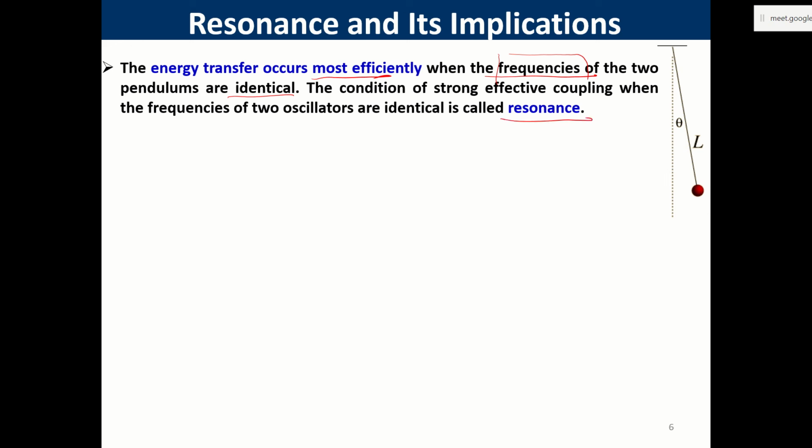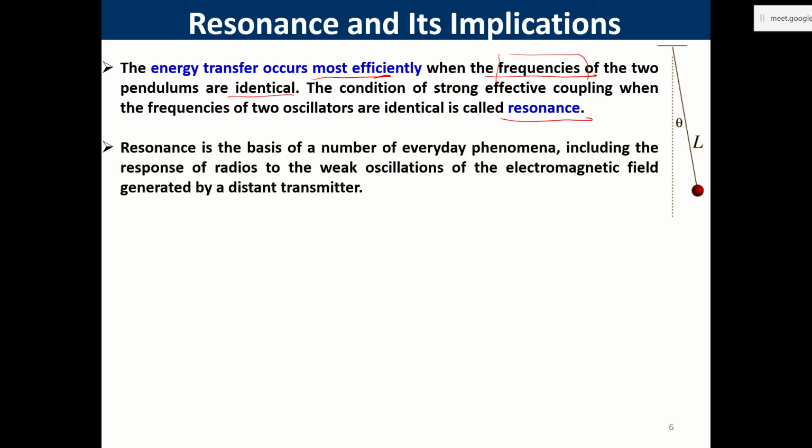In the case of a simple pendulum, you are matching the length, and the energy is transferred through the medium, here the rubber string. But if you are talking about an electromagnetic field, it can travel through space without any medium, and such phenomena are observed.